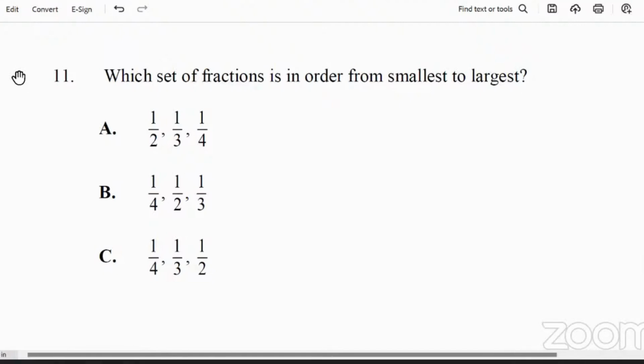So let's look at these fractions. As I said, I always try to make it as practical as possible. If I have a cake and I give you half of the cake, let's look at how much of the cake you would be getting.